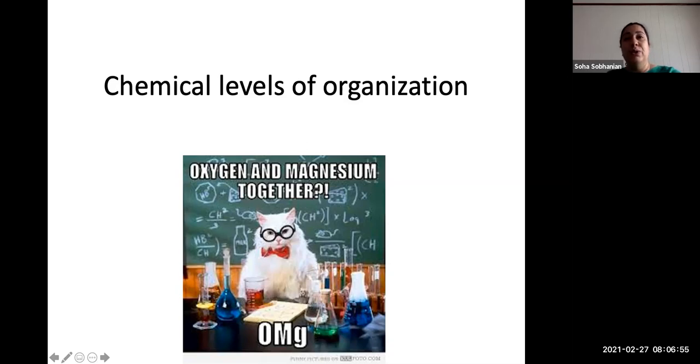So today, we're going to talk about the first two levels of organization, which are the chemical level and the cellular level. The information I'm covering here is relatively basic. It's just to get you started in understanding what that level of organization looks like.